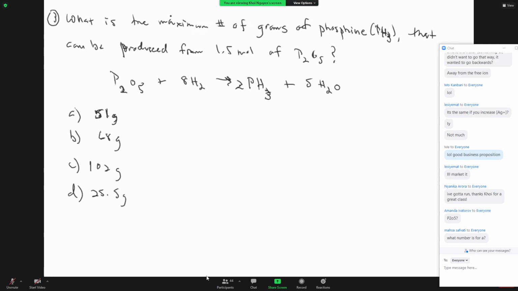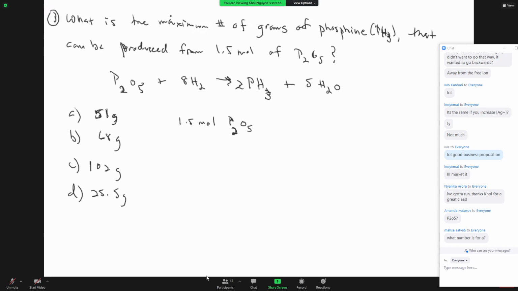So we're starting with 1.5 moles of diphosphorus pentaoxide. All right, got to remember all those prefixes for your molecules. If you don't remember nomenclature, go back, look at your organic chemistry book.